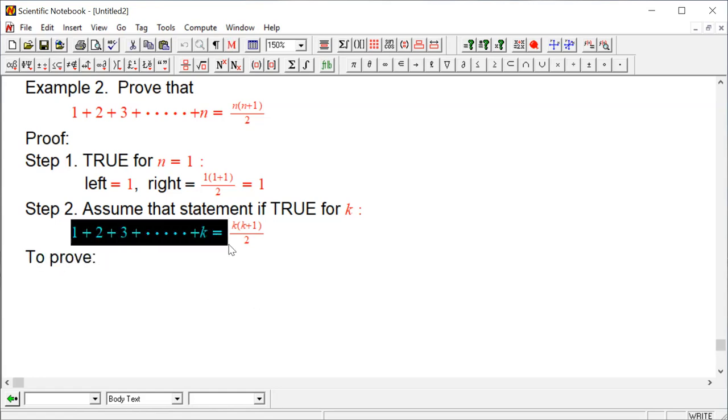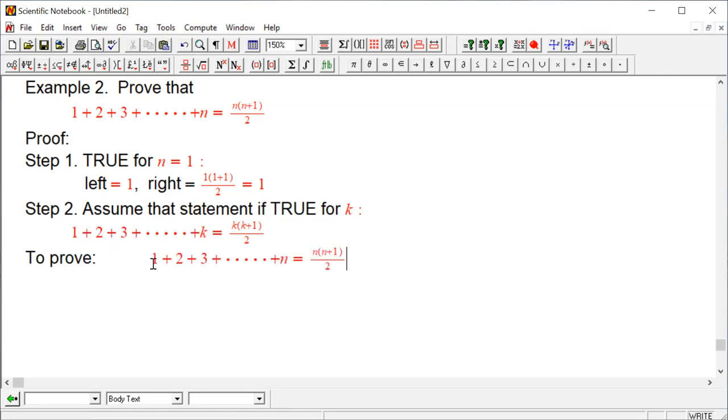We prove that this statement is true for k plus 1. So n turns into k plus 1. If we simplify the right-hand side of the to be proved, we will get k plus 1 times k plus 2. So this is to be proved.